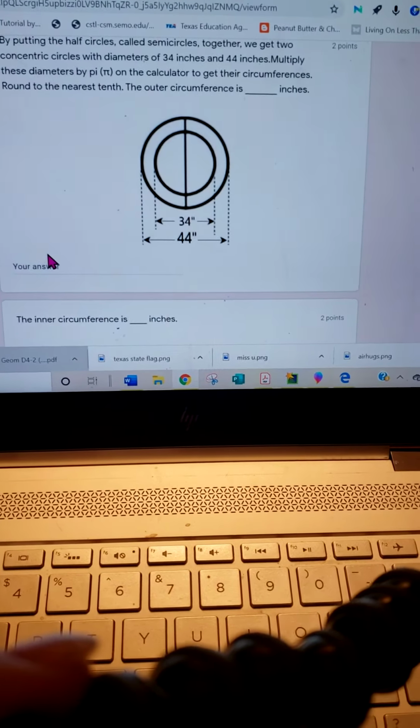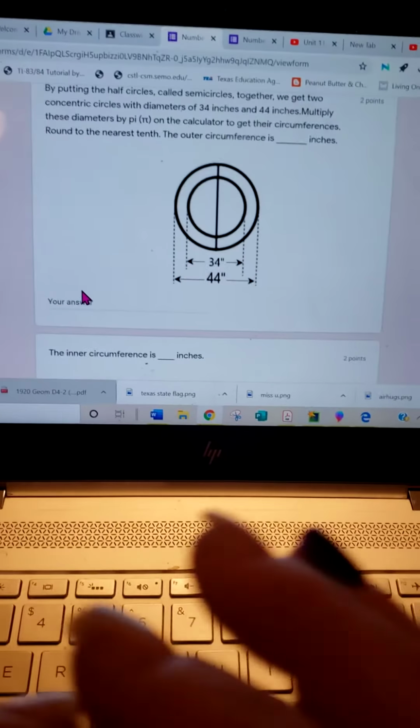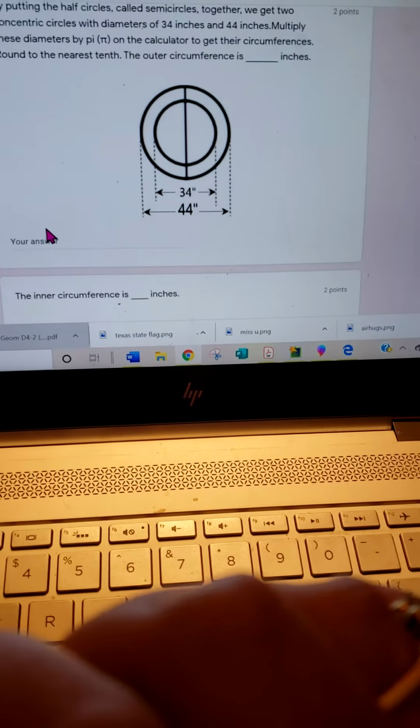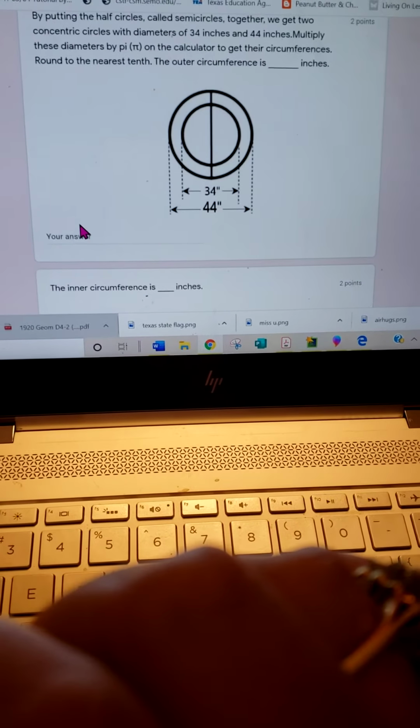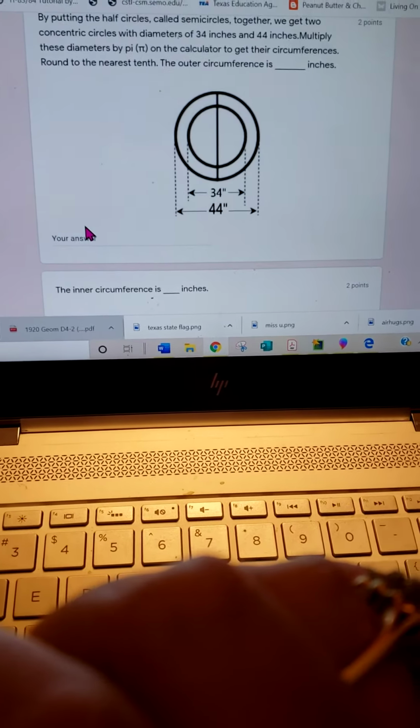If you do 1 number, that's fine. If you do 2 numbers, I used the pi button on my calculator instead of 3.1415 or 3.14.